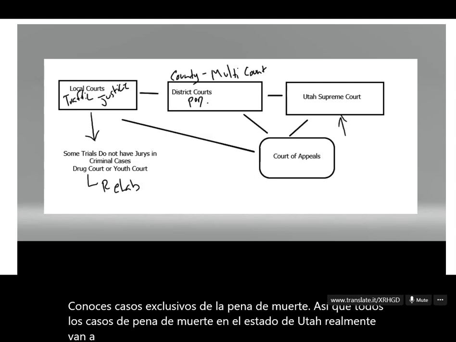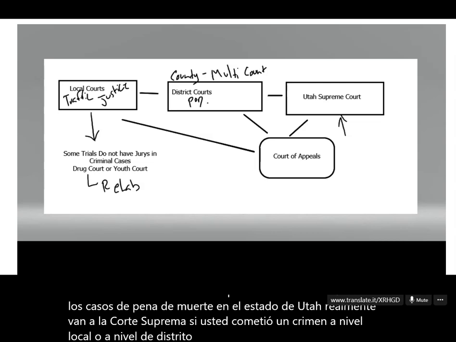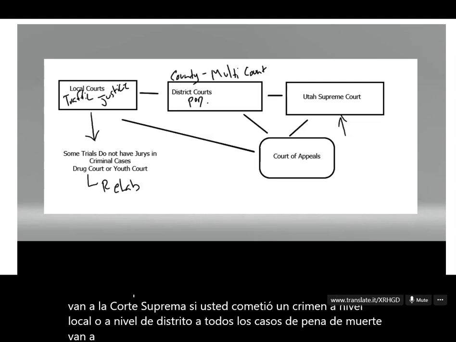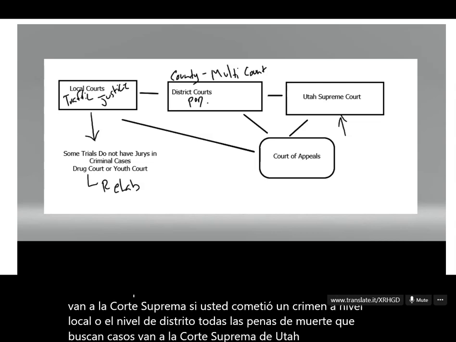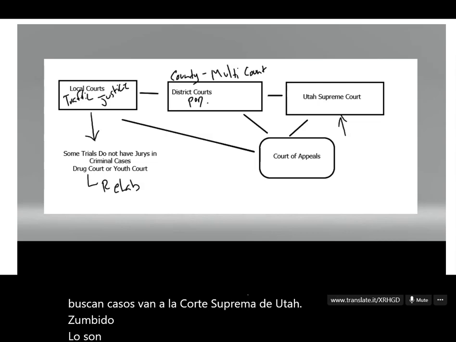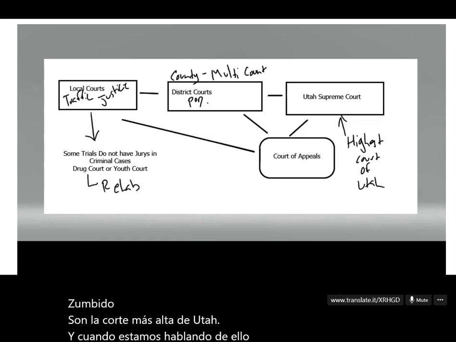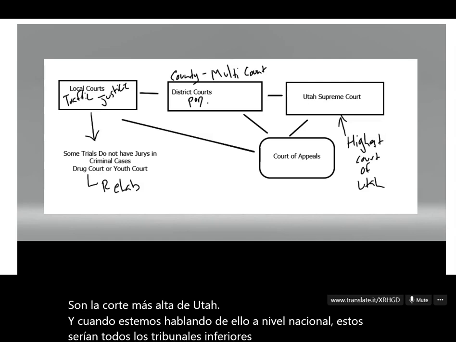Okay, whether you committed a crime on the local level or the district level, all death penalty seeking cases go to the Utah Supreme Court. Okay, they are kind of the highest court of Utah. And when we're talking about it on a national level, these would be all the lower courts. Okay, these are your state courts.